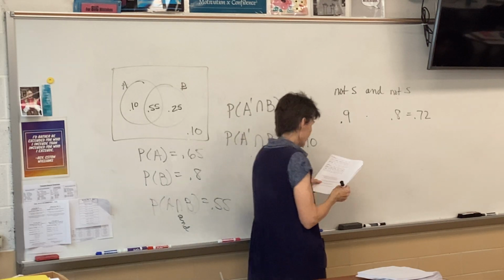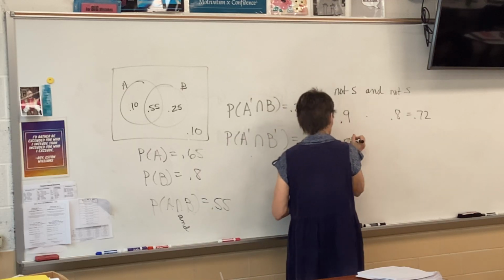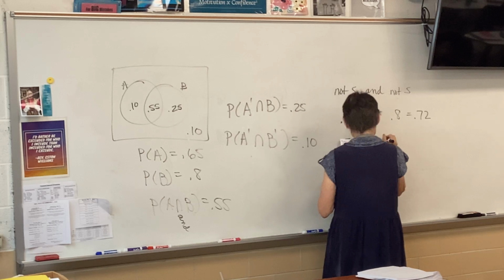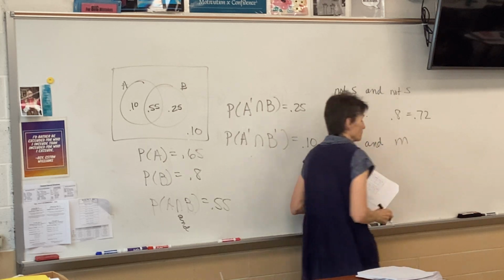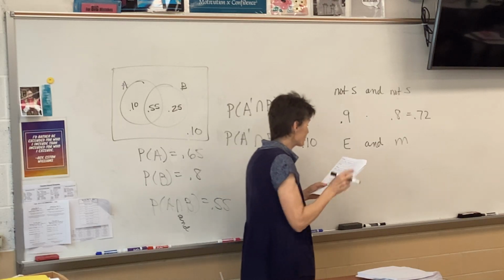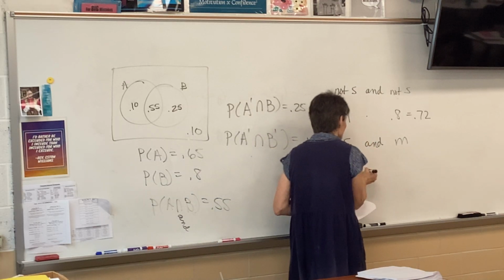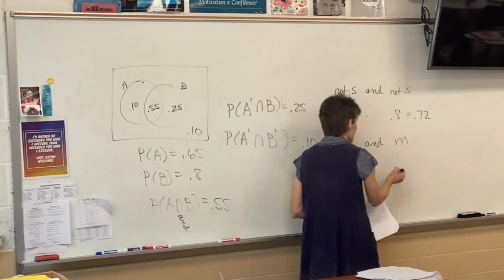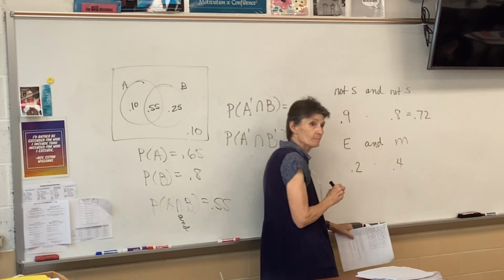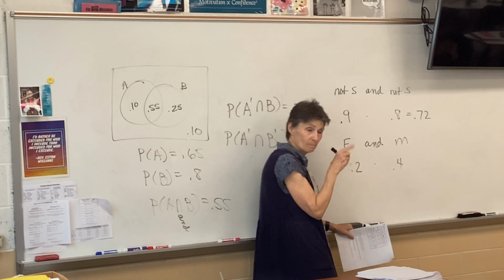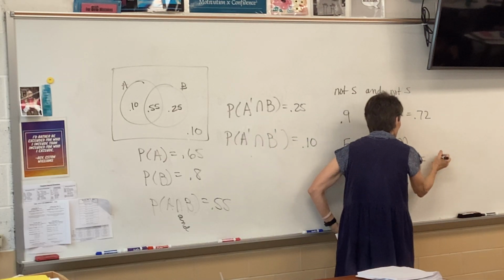What is the probability that the first one likes English and the second likes math? Alright, so first English is 0.2. Second math is 0.4. With me? Gotta be this and that, so I'm gonna multiply, so that's 0.08.